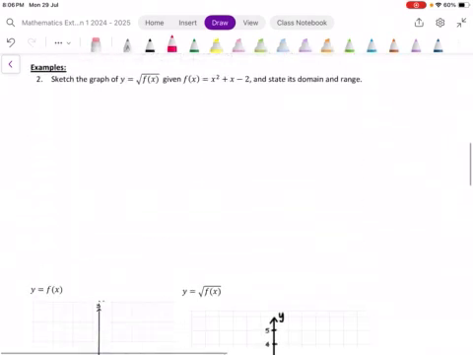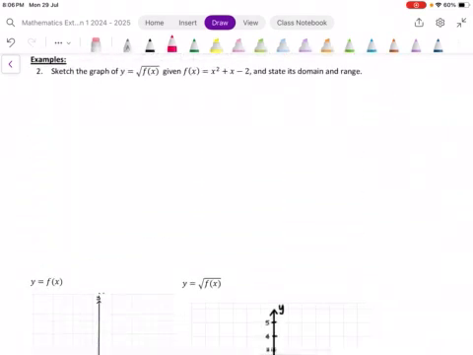Turning over your page. So we want to sketch the graph of y equals the square root of f(x), given f(x) equals x squared plus x minus 2. So y equals the square root of f(x) is the same as y equals the square root of x squared plus x minus 2.